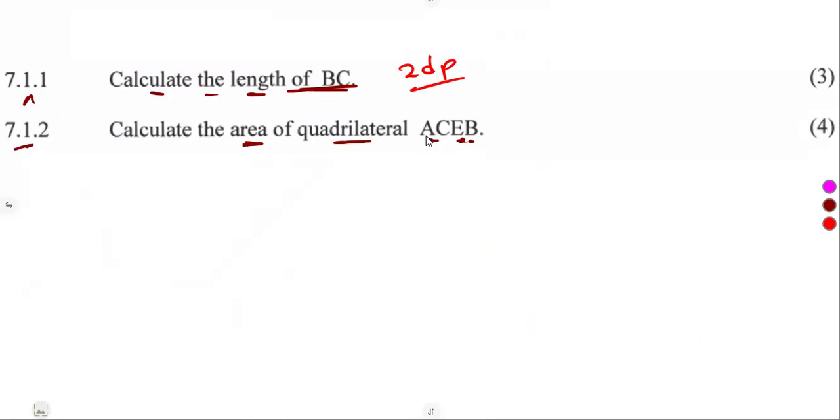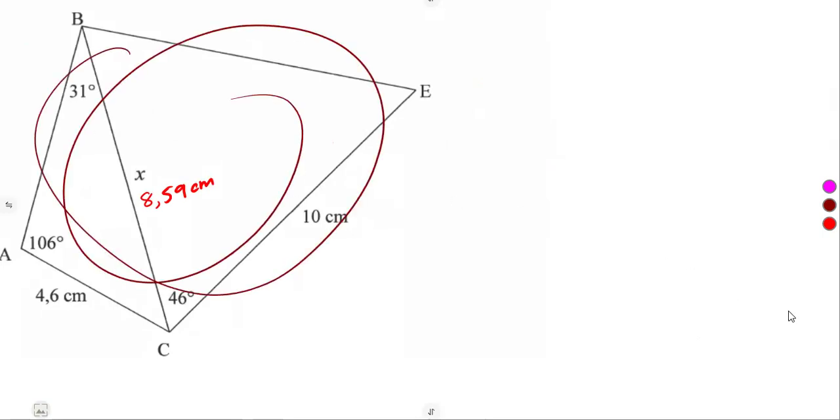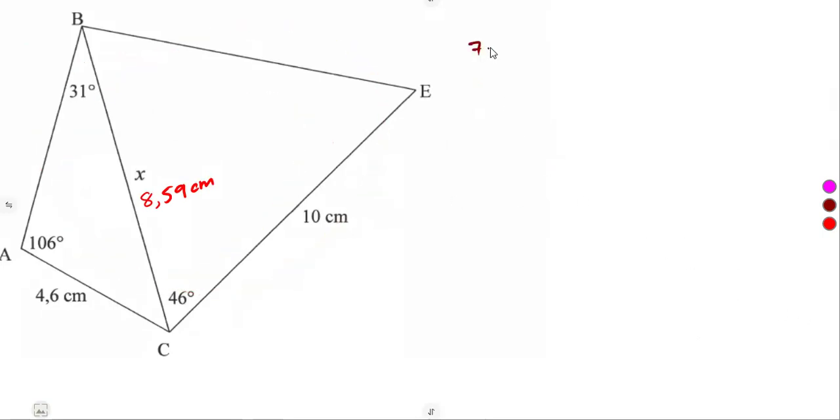We are being asked to calculate the area of the given quadrilateral, the whole shape. So the question is, how can we determine this area, ACEB?